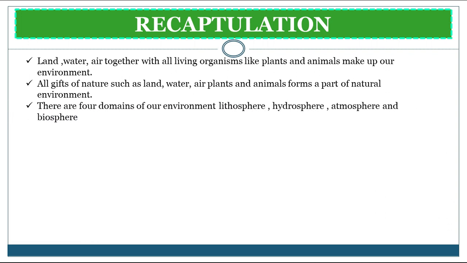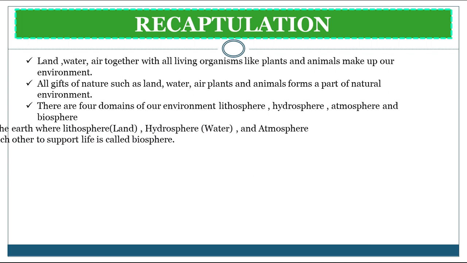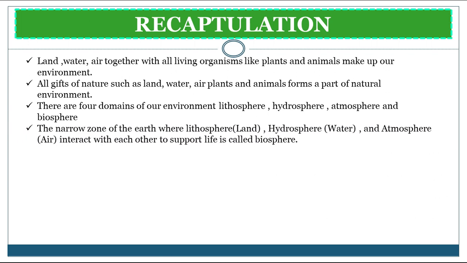Then we studied there are 4 domains of our environment: lithosphere, hydrosphere, atmosphere and biosphere. Then the narrow zone of the earth, where lithosphere means land, hydrosphere means water and atmosphere means air, interact with each other to support life, is called biosphere.